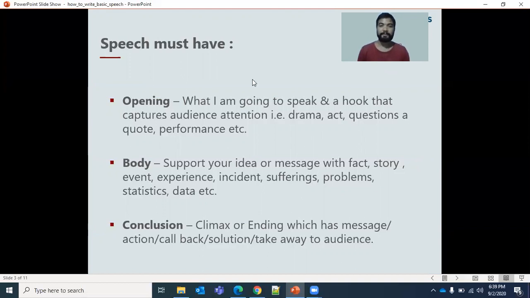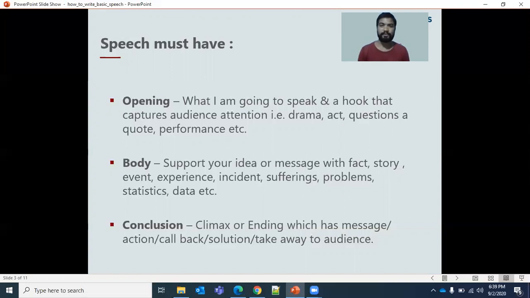After that, the body. In the body you have supporting material, ideas, your experiences, stories. But remember that your stories should add value to the message, with no unnecessary things. Suppose I add a story: I went to school, I did homework, I came home and I slept.